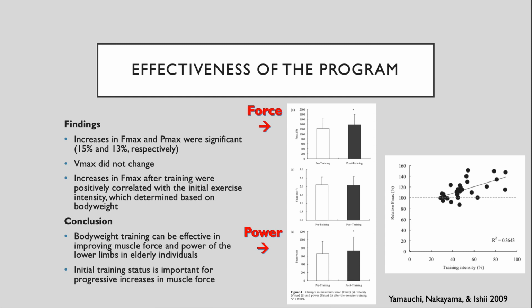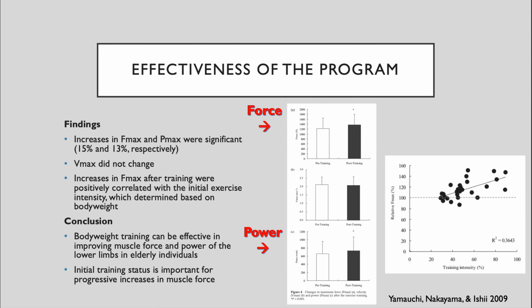Researchers observed significant increases in both maximum force and maximum power, though not in maximum velocity. Additionally, increases in maximum force following training were positively correlated with the initial exercise intensity, and this was determined based on individual body weight.